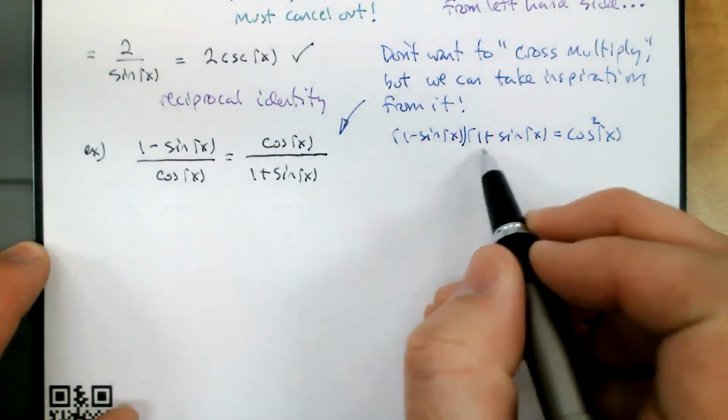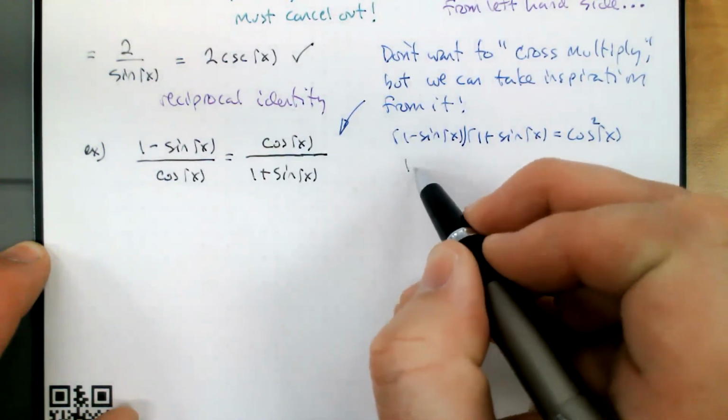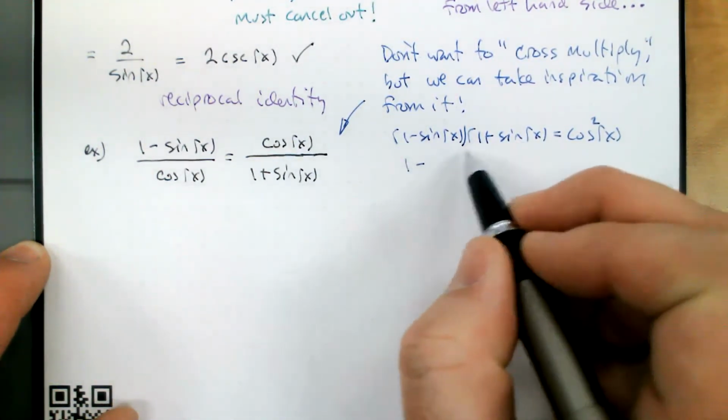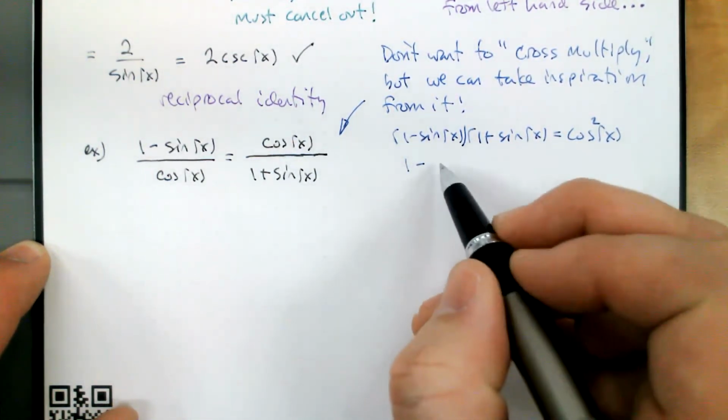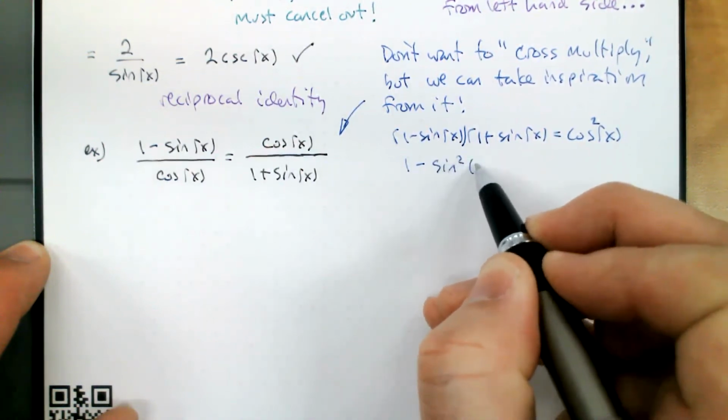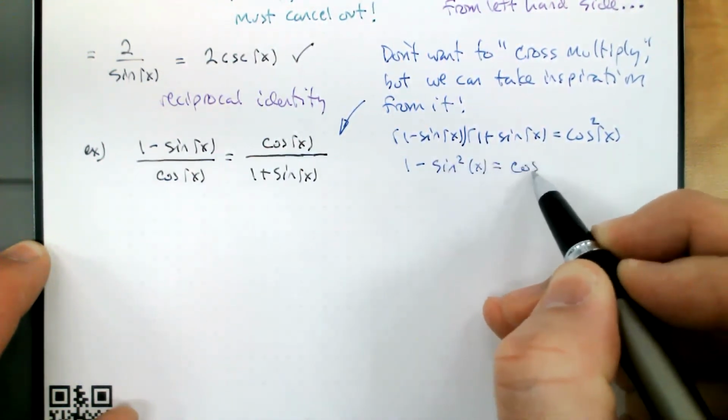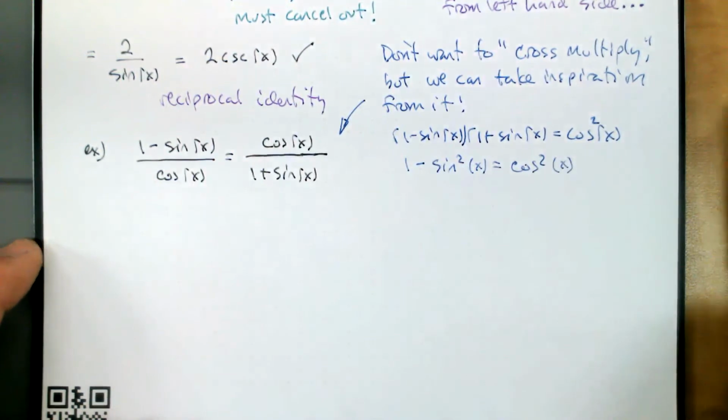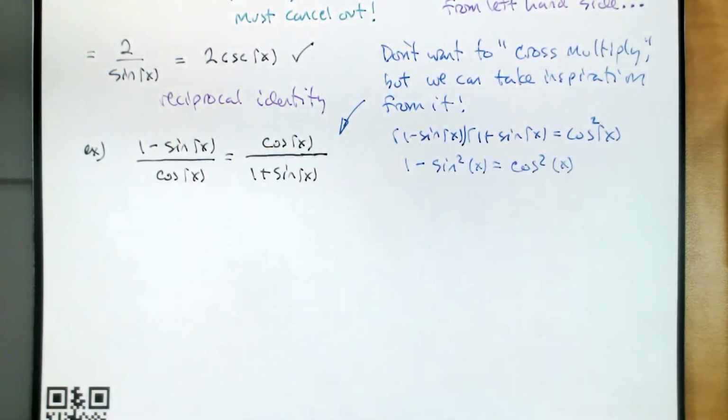If I take 1 minus sine x times 1 plus sine x, that's 1 plus sine x minus sine x, that cancels out. So although we wouldn't want to use this as our proof, we can see what this identity is based on. This identity is based on this Pythagorean identity: cosine squared is 1 minus sine squared.